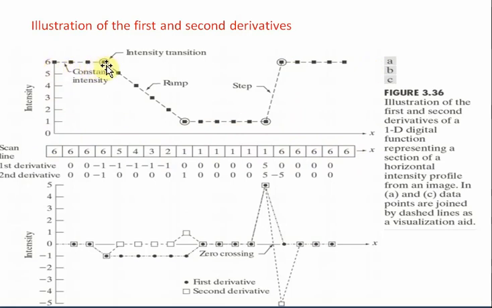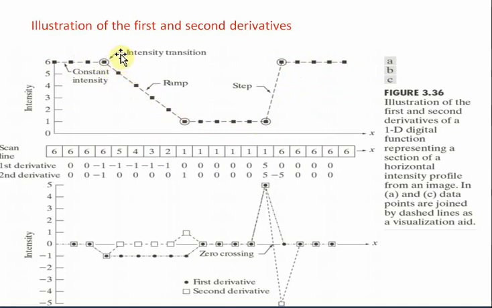Now observe: 5, 4, 3, 2, 1, next again 1, 1, 1, next 6, 6, 6, 6, like that. This is constant intensity, either this one or this one or this one. Now what is the ramp position? This one, slowly varying values like this. This is nothing but a ramp.